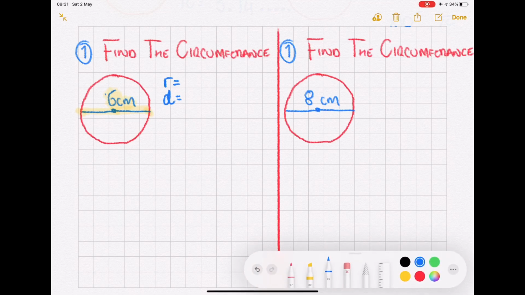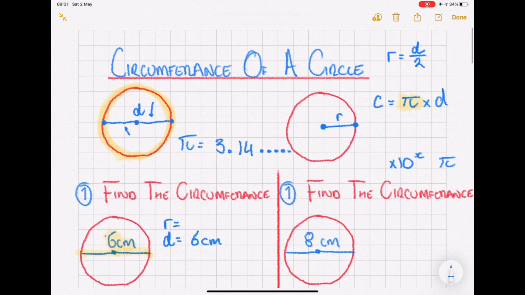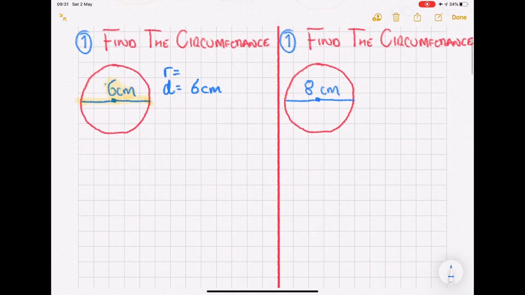So in the diameter we can put 6 centimetres. And now if we remember from up here that the radius is always half the diameter, that means the radius here is 3 centimetres, because we've just divided the diameter by 2. Whenever you do any circle question, I always want you to write out the radius and the diameter, because it's a really good habit to get into.